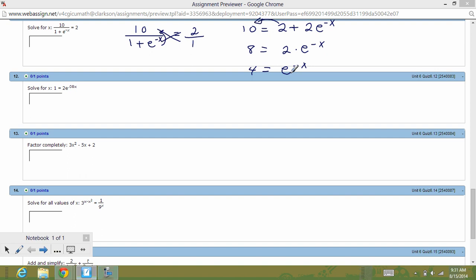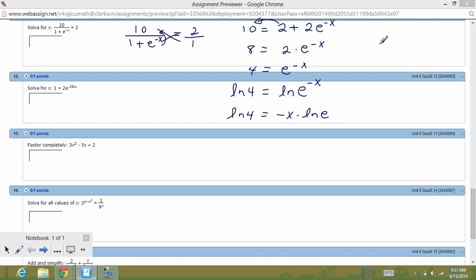I have the base e. And so, as we did in the previous exercise, I'm going to use the natural log to get the variable exponent down, right? Change my exponential equation into a multiplication equation. And so that allows me to write negative x times natural log e equals natural log 4.